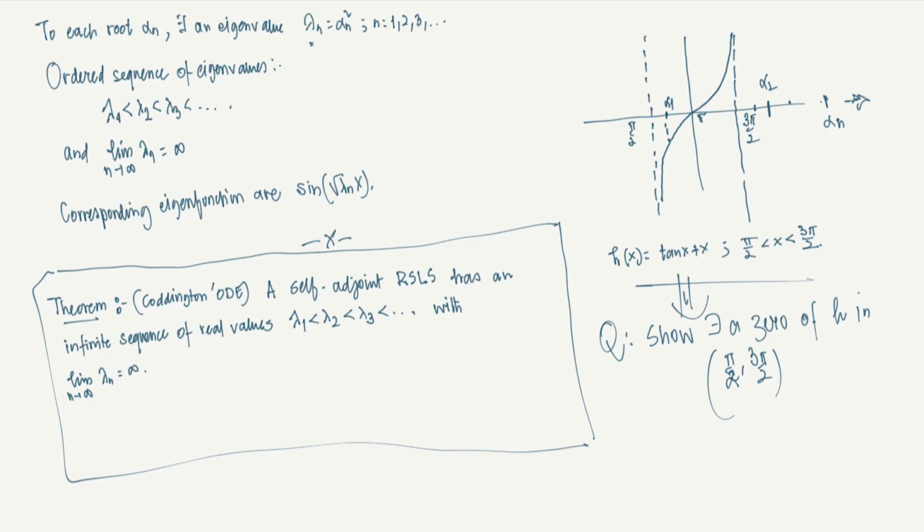Okay, and we can also say that for each n in N, the corresponding eigenfunctions phi n of x are uniquely determined.